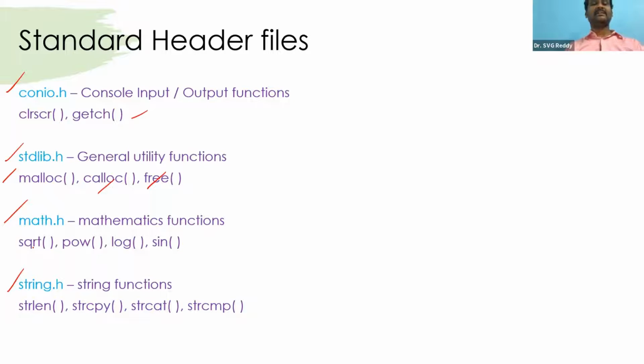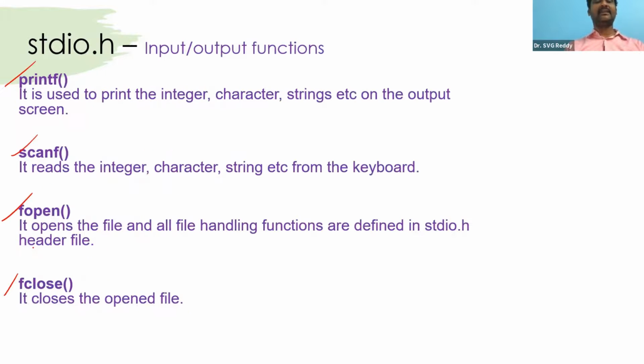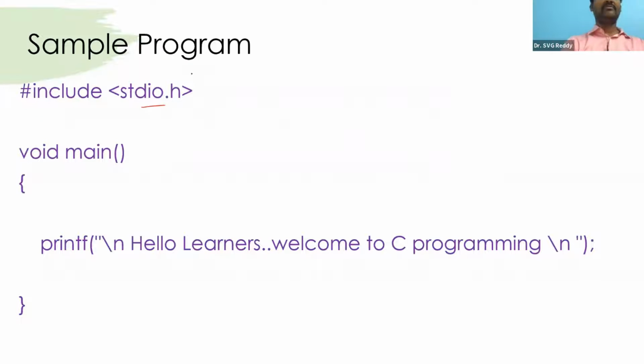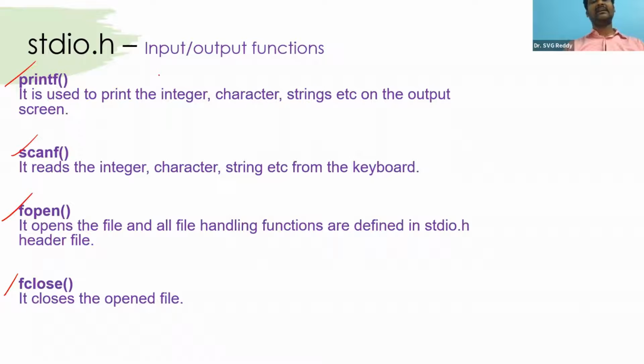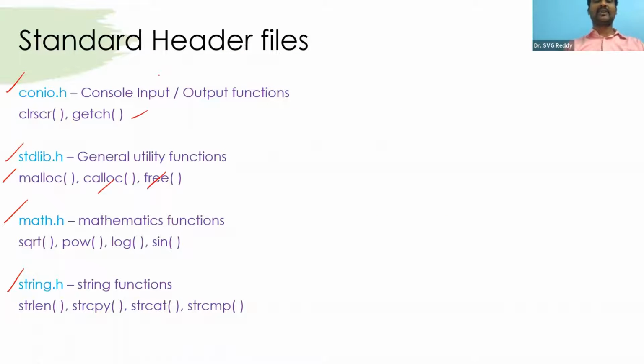These are some standard header files, and of course the basic one is stdio.h. We want to understand that a header file contains some functions like that, and we may have some other header files also like this. This is for your information.